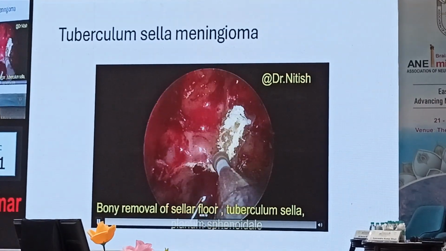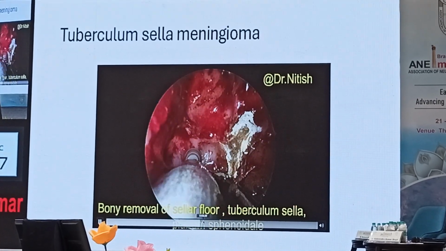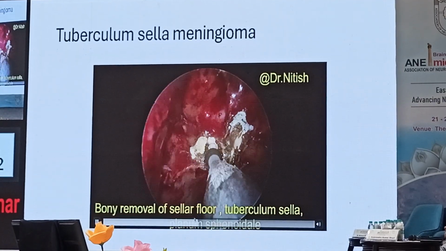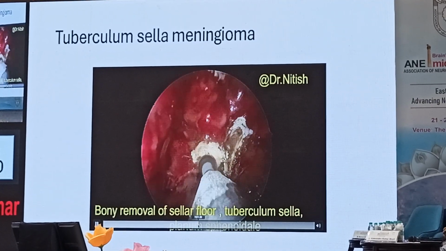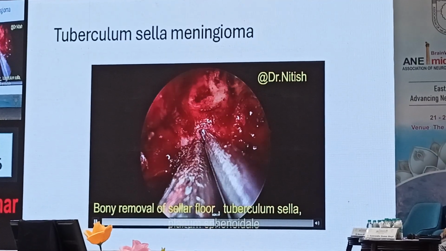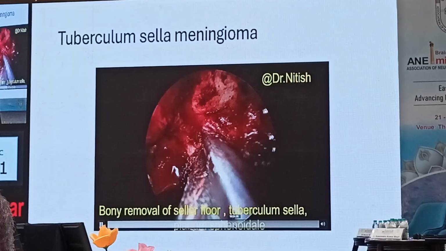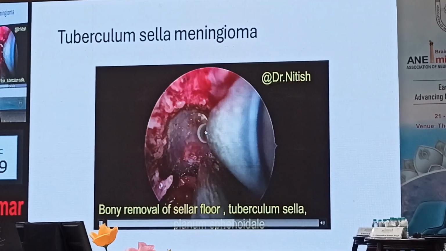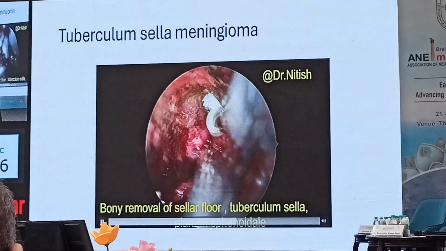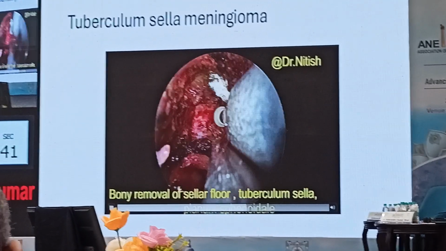So first we will drill the sellar floor, and gradually we take out the bone of the planum and this tuberculum area with the rongeurs. So here we are removing the bone in the planum area. So you can see in the extended approach, this much exposure is done.